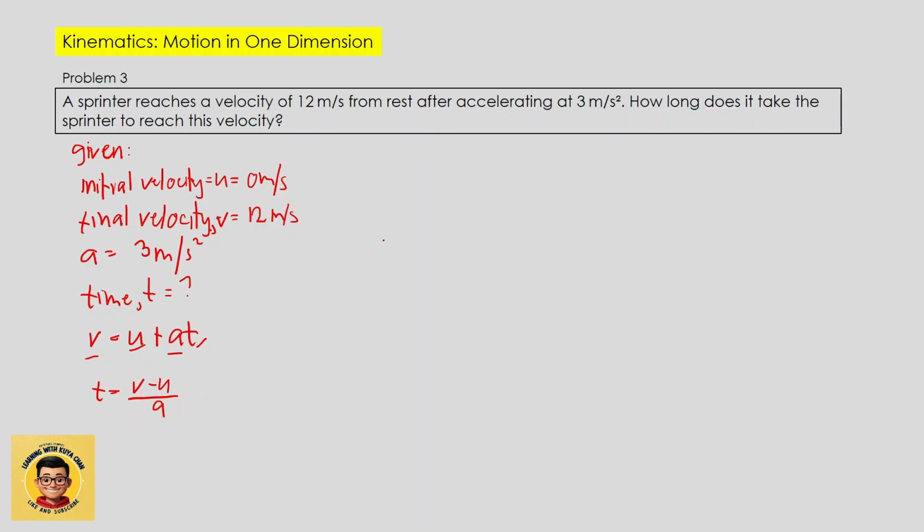So since we have already identified the proper equation to be used, we will be substituting the identified values to the identified equation. So t is equal to v, which is 12 meter per second, minus 0 meter per second, over our acceleration, which is equal to 3 meter per second squared.